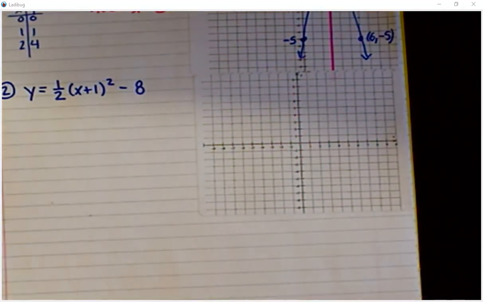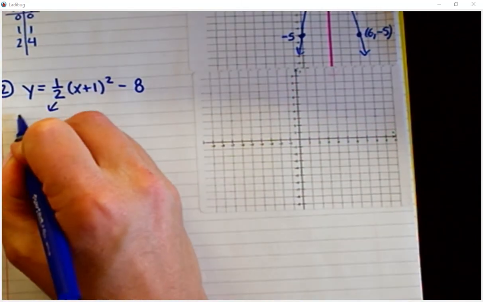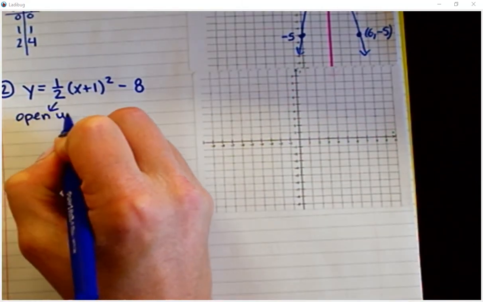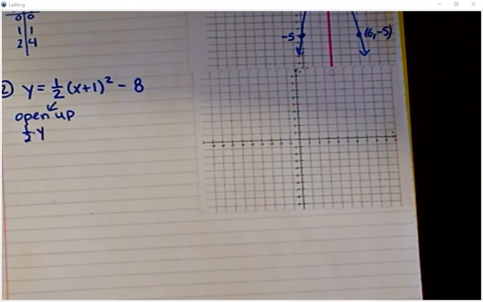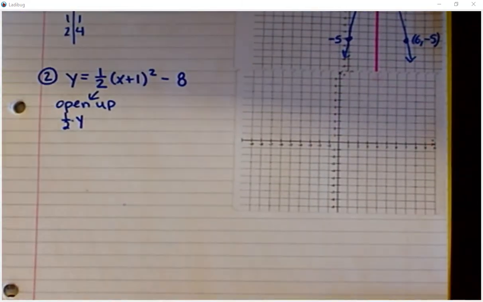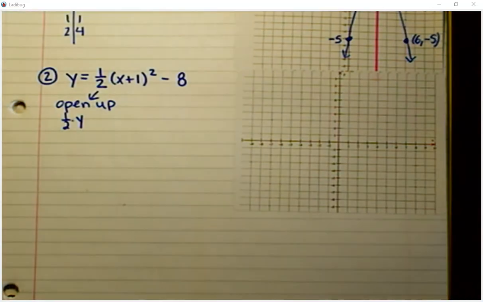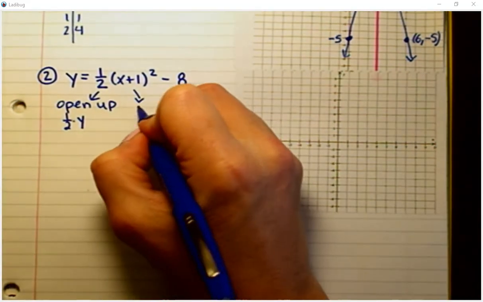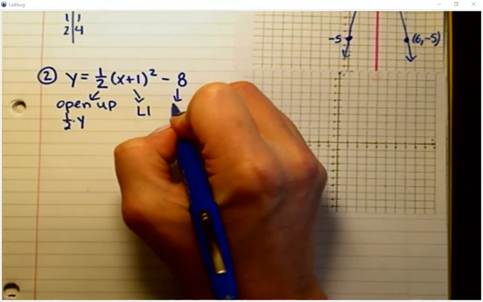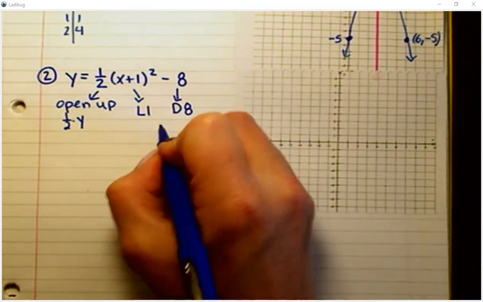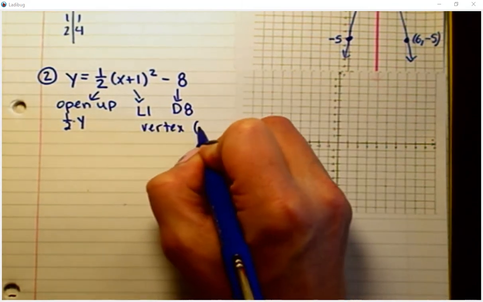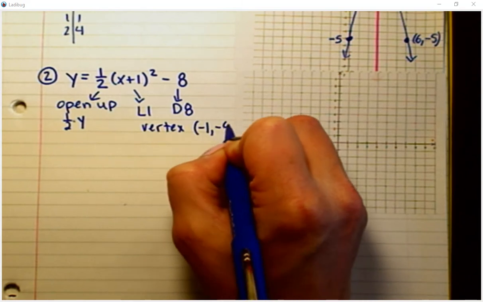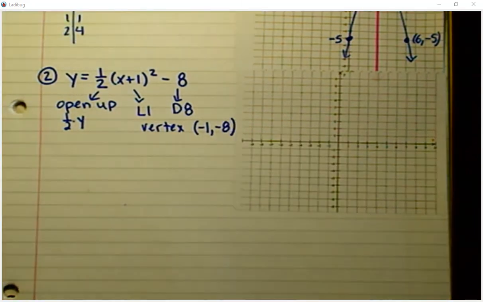Okay, now let's do it. Open up, times the y by a half. Okay, so then we get left 1, down 8. So my vertex is -1, -8.